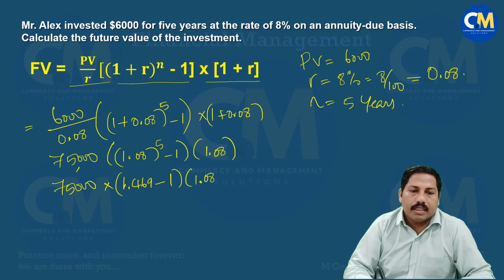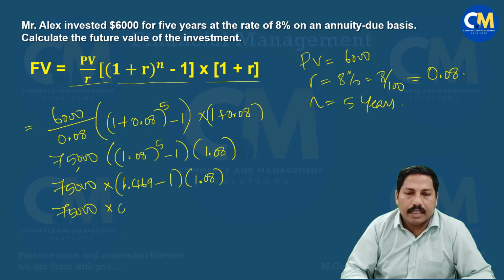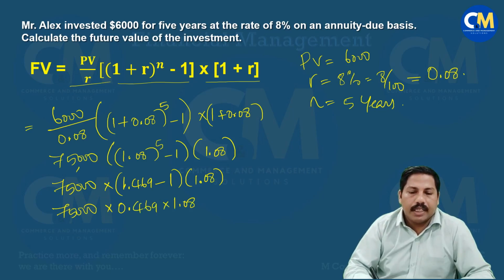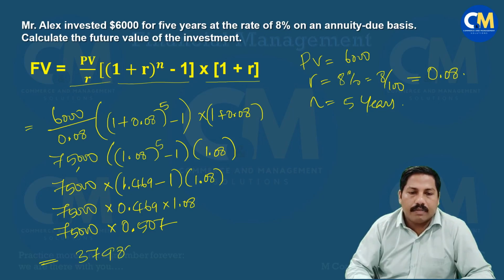So here 75,000 into 0.469, since 1.469 minus 1 is equal to 0.469, into 1.08. Then finally you will be getting the value, that is 75,000 into 0.507, that is equal to 37,989 he will be getting.